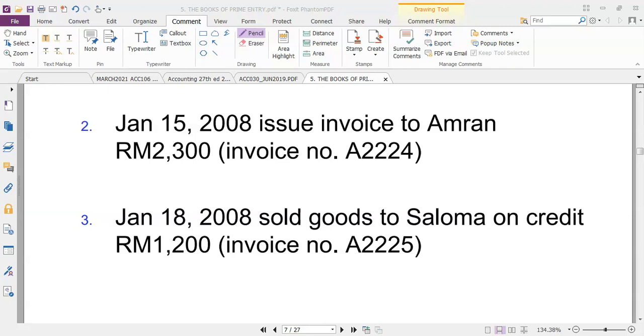Sekejap saya cari sales invoice. This is the sales invoice. Macam mana nak download? Tak nampak ni.